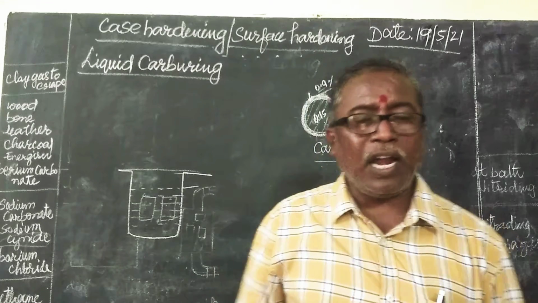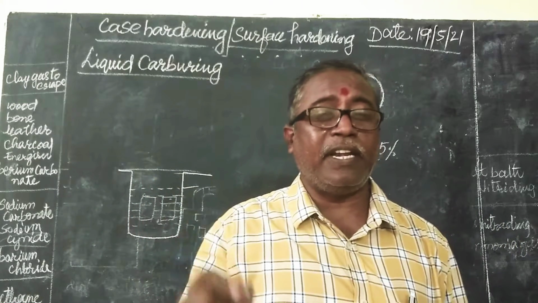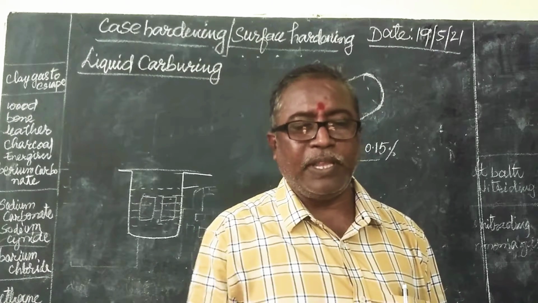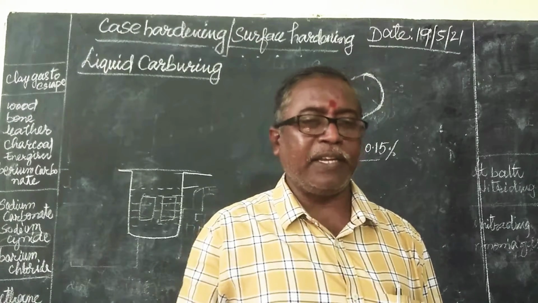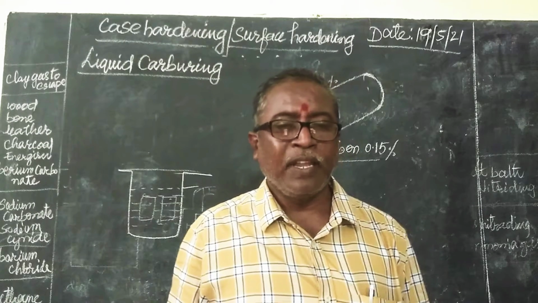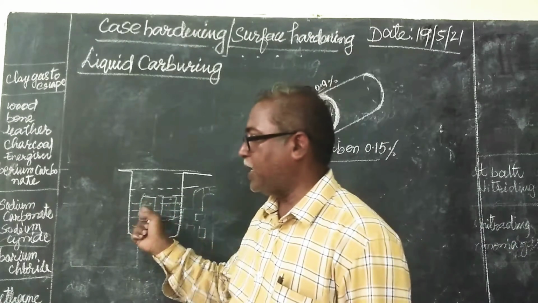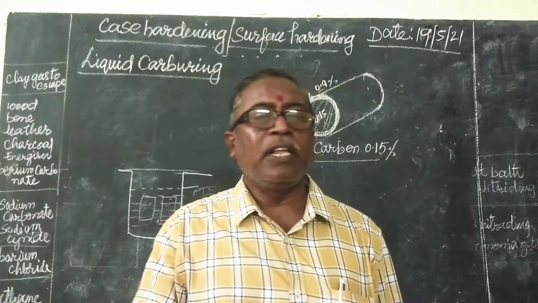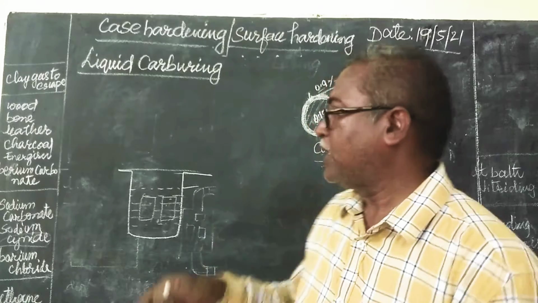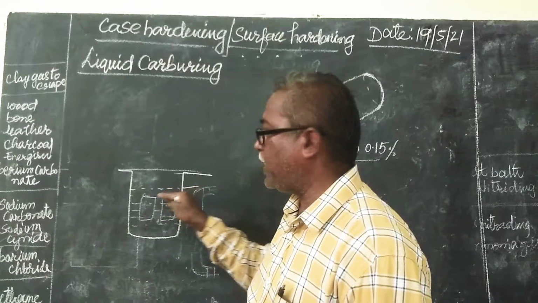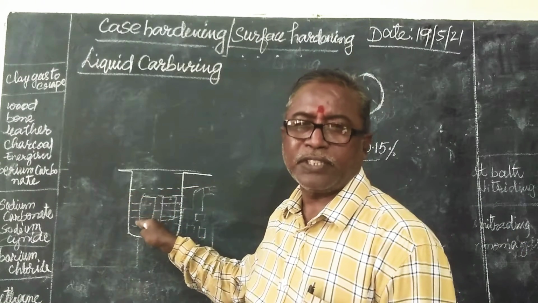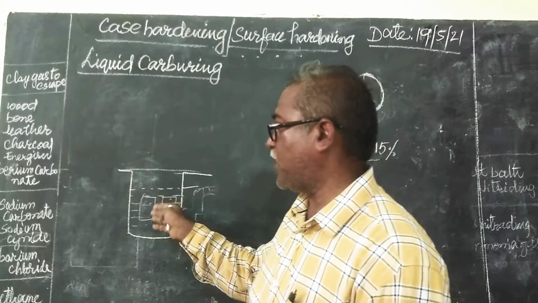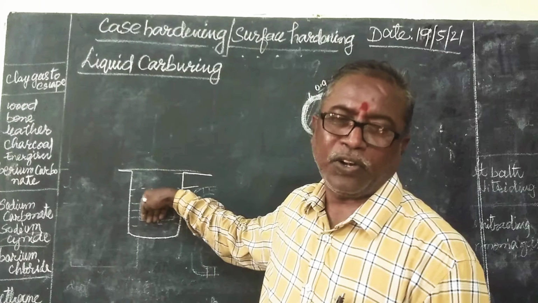So at 870 degrees centigrade, or more than that, 870 to 900, 950 like that. Then after heating, the job will be taken out. While heating, the carbon penetrates or diffuses on the surface of the jobs inside the container.